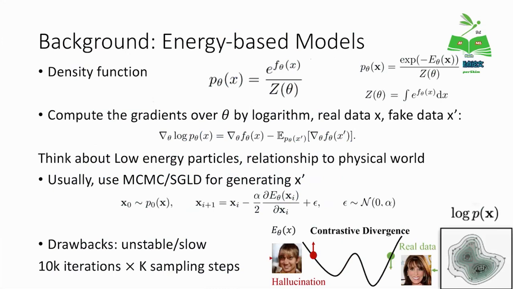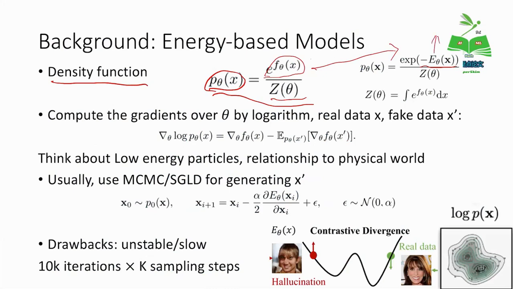What is an energy-based model? They define the energy function, and they define the density function in this way: p theta of x is the exponential of f theta of x divided by Z theta, or it's written another way, as the negative energy of x.